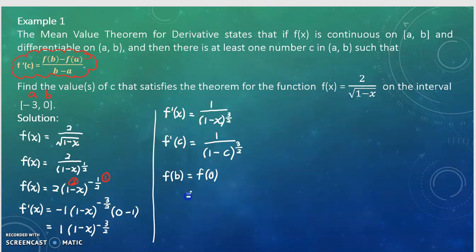So I substitute 0: 2 over the square root of 1 minus 0. That is 2 over the square root of 1, which is 2.